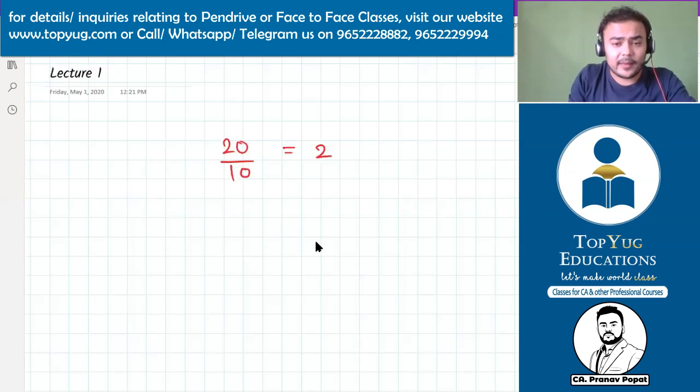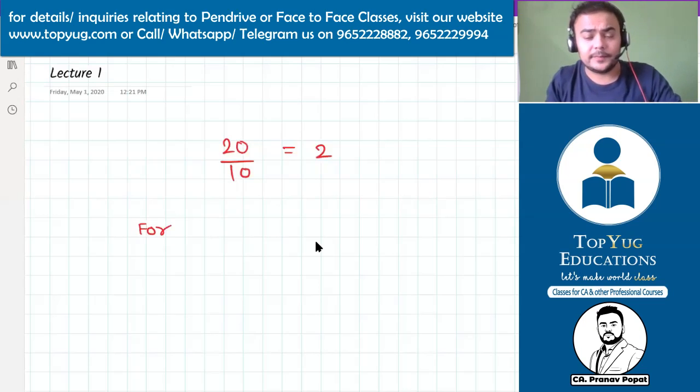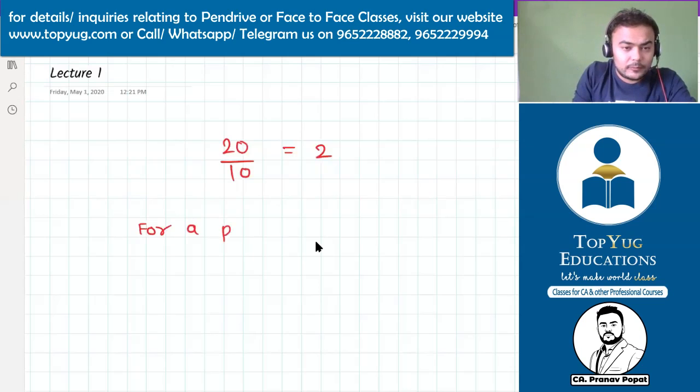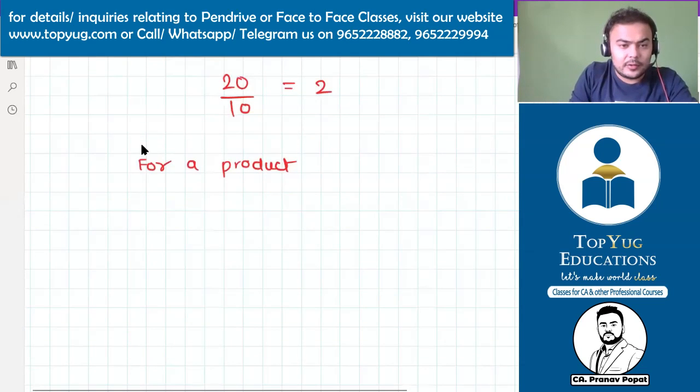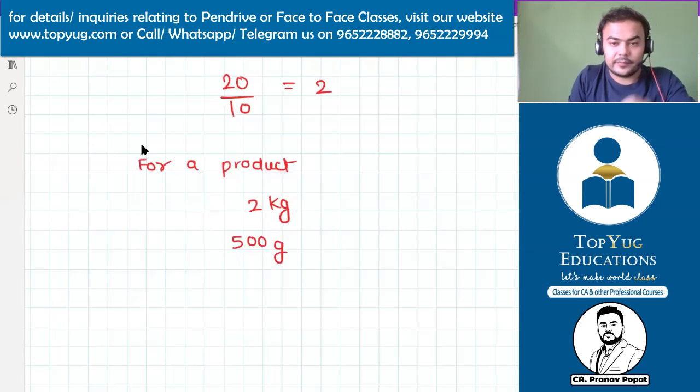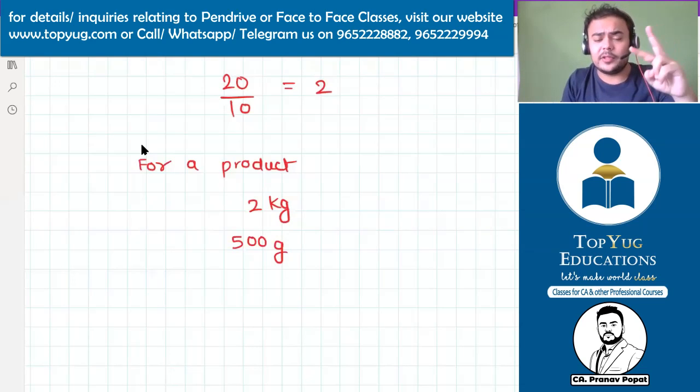Suppose for a product, there are two types of packing. One is 2 kg packing. One is 500-gram packing.